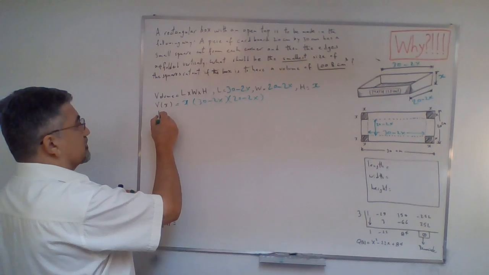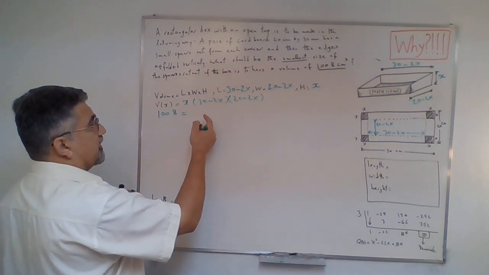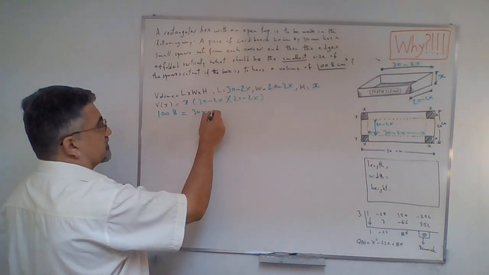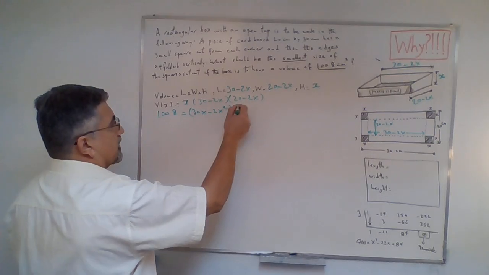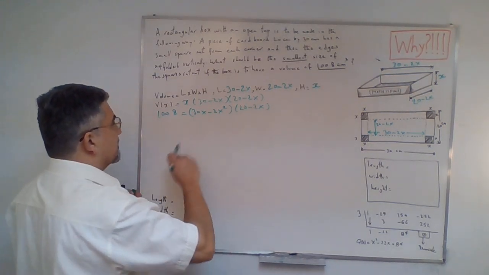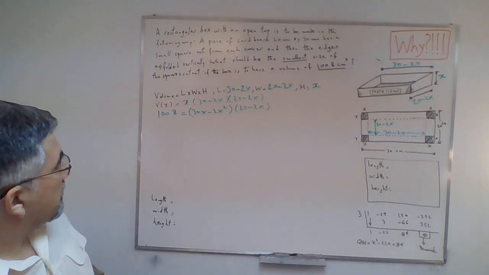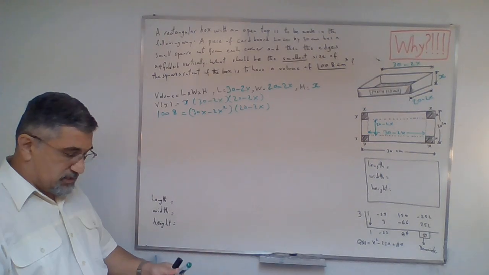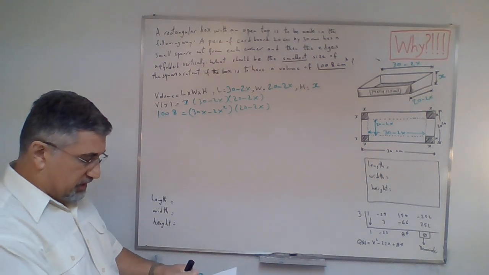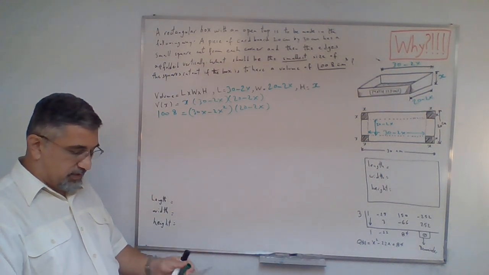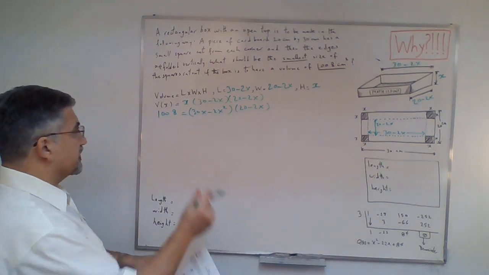So we're going to substitute 1008 here, and then we're going to multiply x times 30 minus 2x and then 20 minus 2x. And then we have to expand and multiply these binomials. And then if you rearrange the terms and you simplify, you will end up with the following equation.